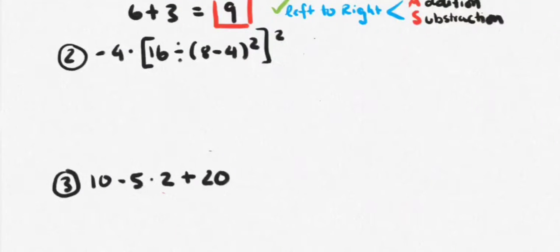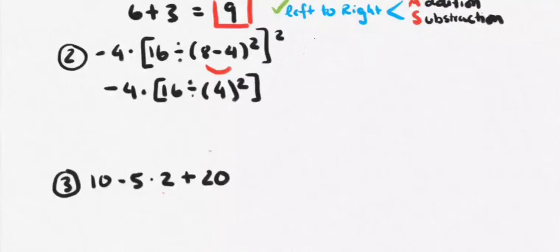For number 2, we're going to do the same thing first, where we take care of what's inside the parentheses. I'm going to do 8 minus 4 here. I'll end up with negative 4 times bracket 16 divided by 8 minus 4 squared. Sorry, 8 minus 4 is 4, parentheses squared, bracket squared.